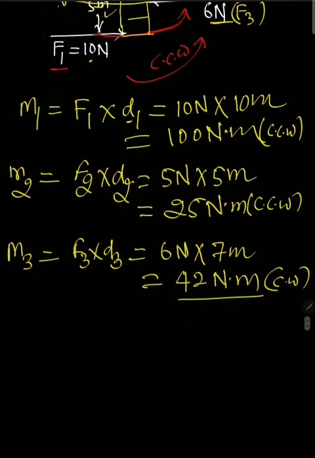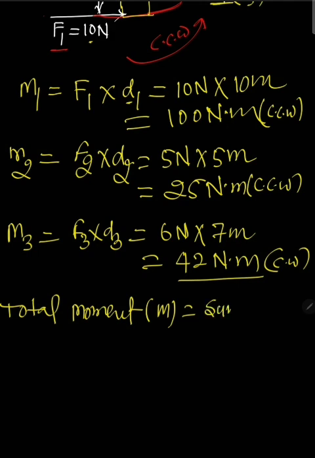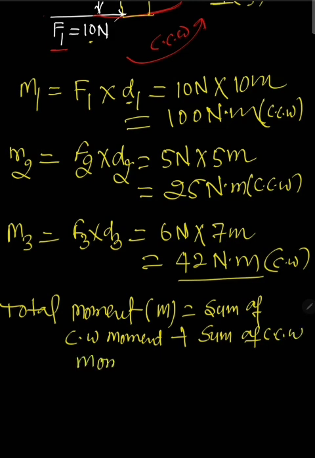Now let's find the total clockwise moment or total moment. Whenever in a question they ask you to find total moment, total moment M will be equal to sum of clockwise moment plus sum of counterclockwise moment.